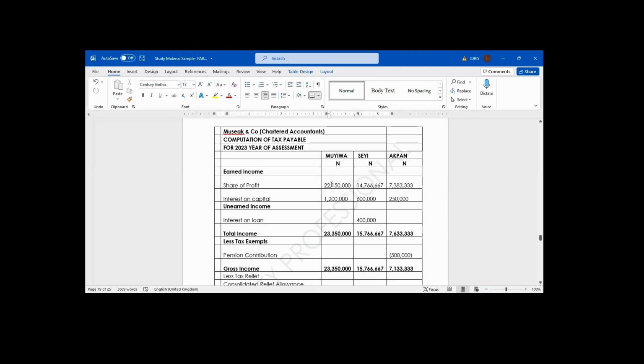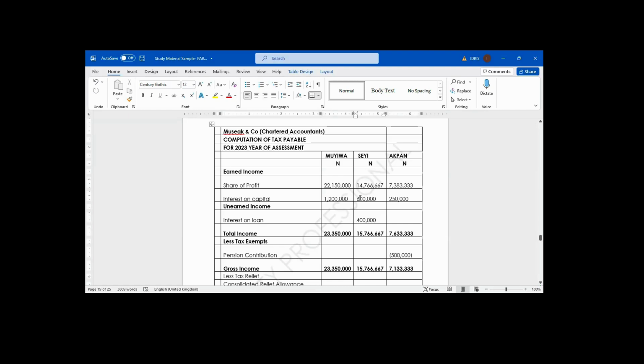Muiwa, 22 million 150. Sheyi, 14 million 766,667. Akpan, 7 million 383,333. Interest on capital. The partnership business pays them interest on capital. For Muiwa, 1.2 million.